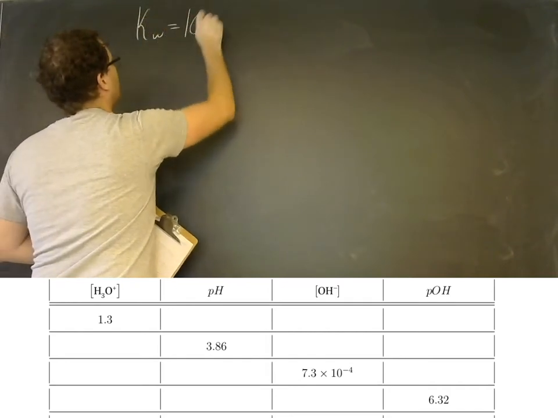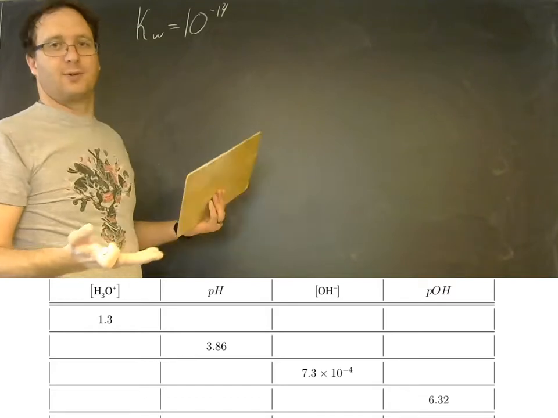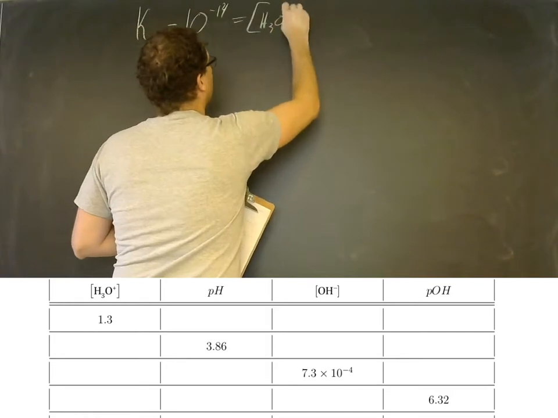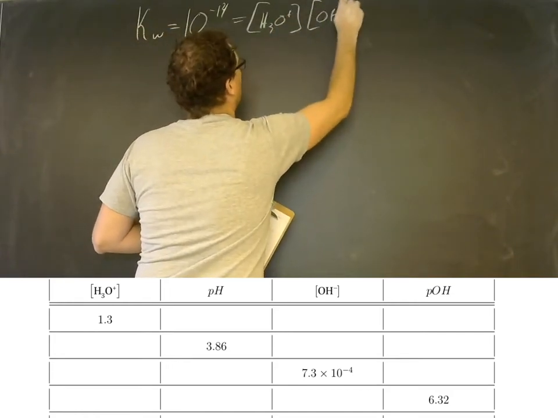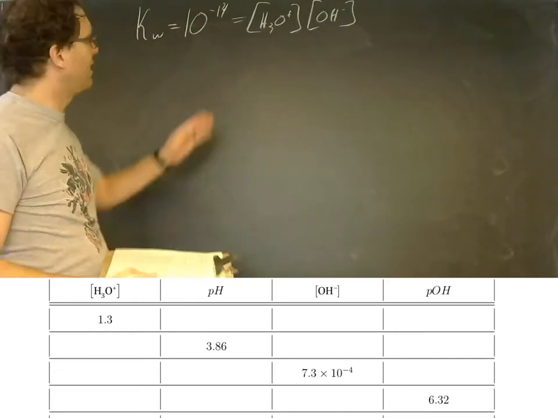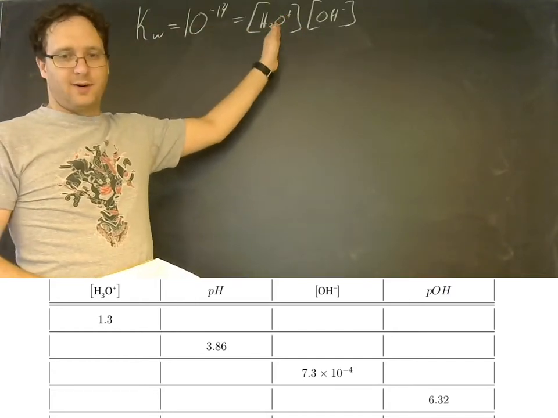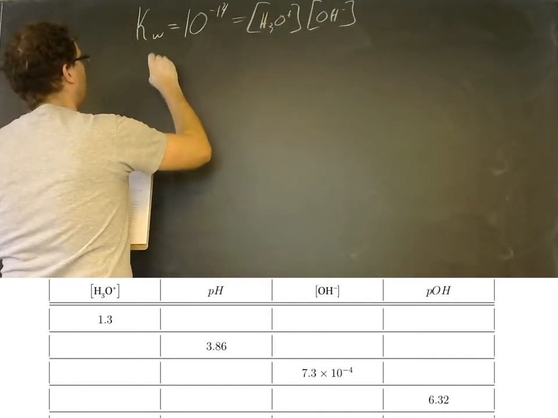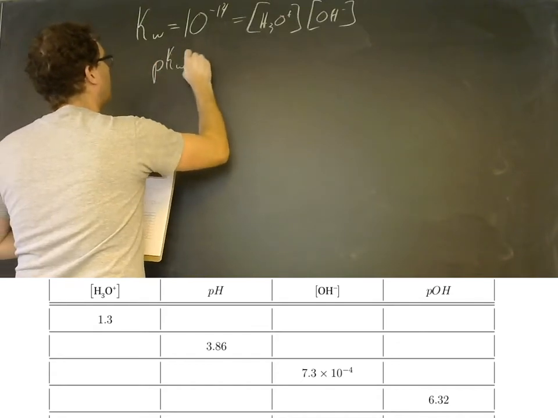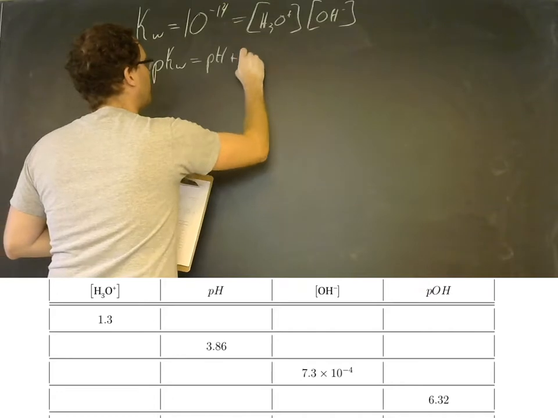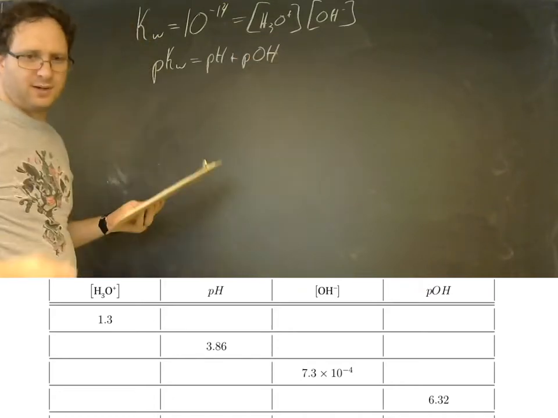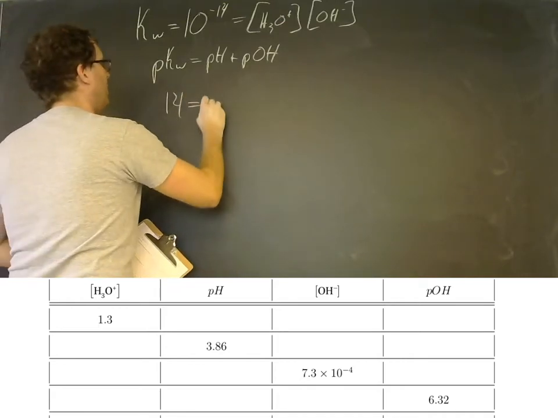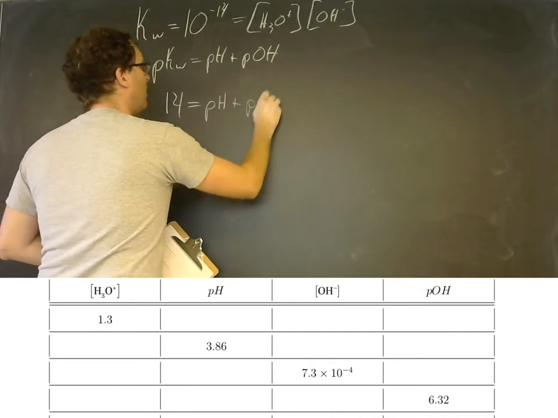Then we also have the Kw, that's equal to 10 to the negative 14th, or 1.00 times 10 to the negative 14th. And that is equal to the product of H3O+ and OH-. And so we can use that to find either of these concentrations if we don't know the other. And then we can say the pKw is equal to the pH plus the pOH. pKw is the negative base 10 log of Kw, which is a nice number of 14, is equal to the pH plus the pOH.